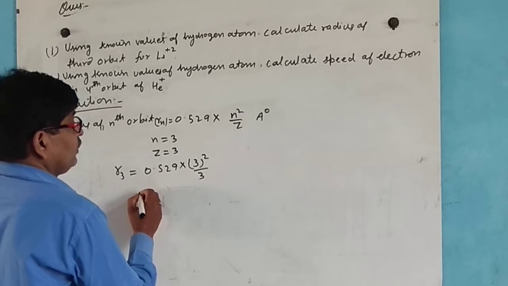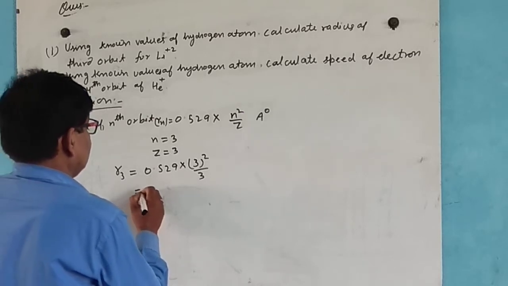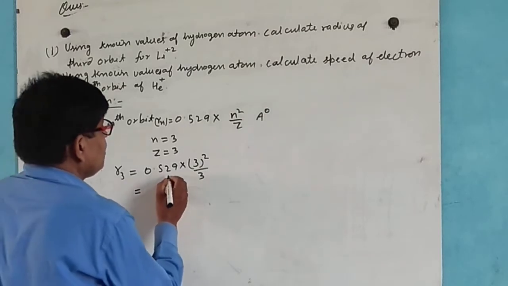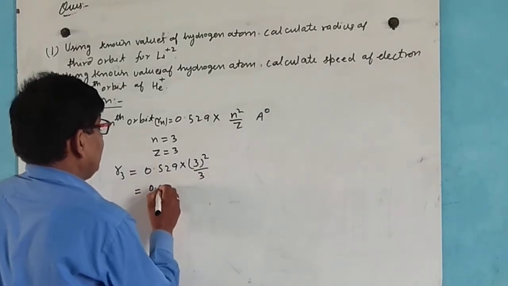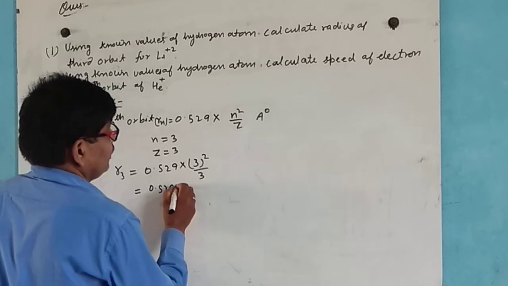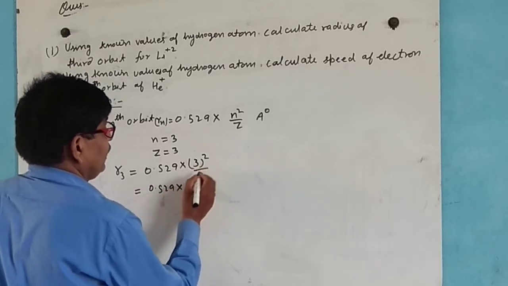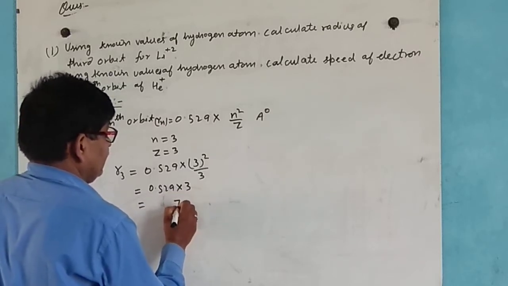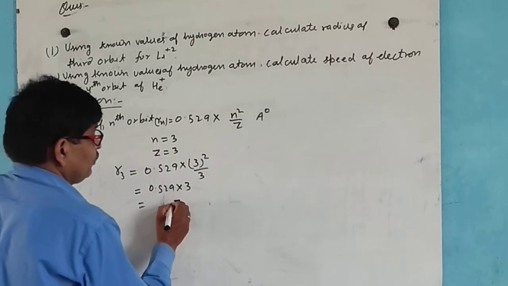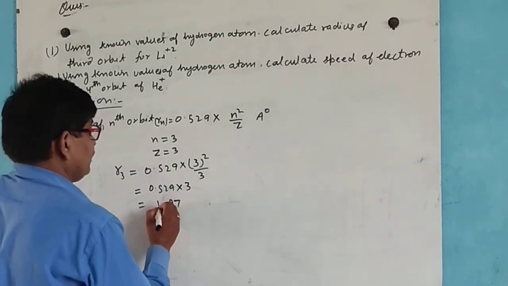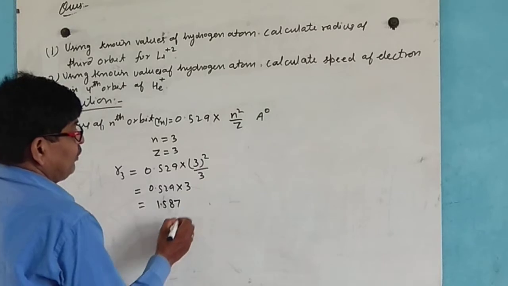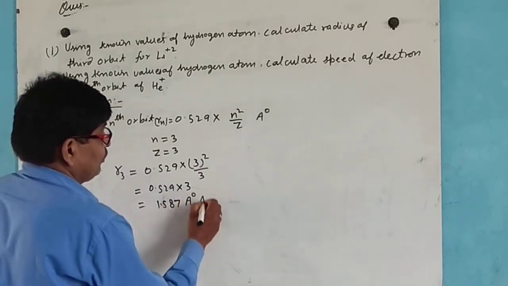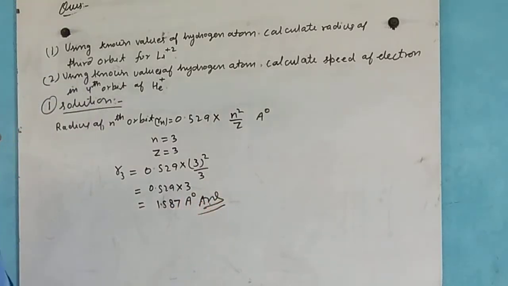So that 0.529 into 3 into 3 only 3, so that 3 9 27 ... 1.587 angstrom. This is the radius of third orbit for lithium.